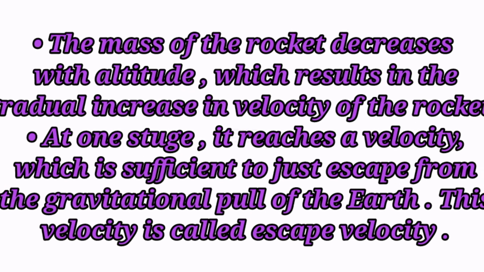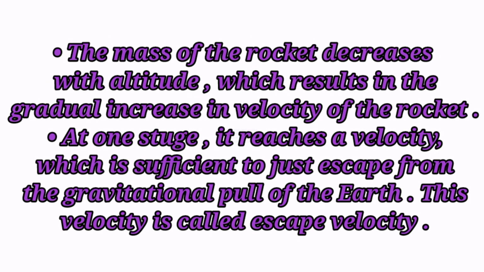The mass of the rocket decreases with altitude, which results in a gradual increase in its velocity. At one stage, it reaches a velocity sufficient to just escape from the gravitational pull of the earth. This velocity is called escape velocity.